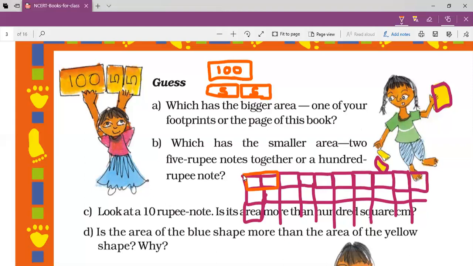I'm just telling you a random answer, but you have to do this on your own and then write a proper answer. So what they asked: is its area more than 100 square centimeters? No, its area is not more than 100 square centimeters. You can see by watching the picture also.